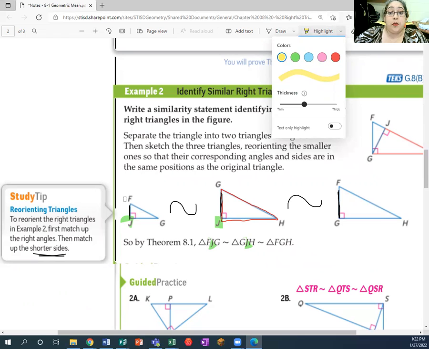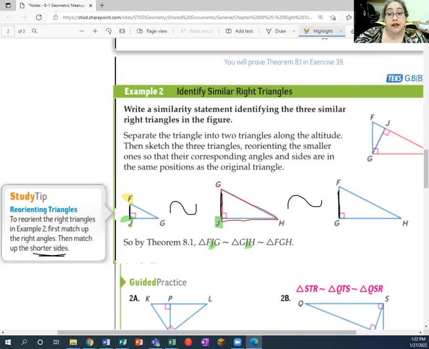F is the point that helps us create the short side. And on this triangle, G is the letter that helps us create the short side of that right triangle. And since in the first triangle's name, I wrote the letter F first, in the second triangle's name, I need to write that letter G first. And then the third letter in my triangle can go last.